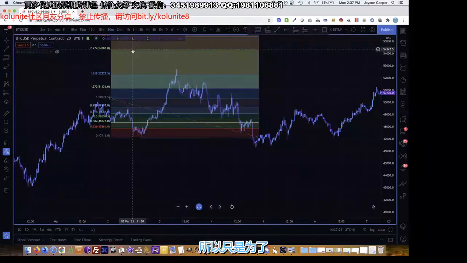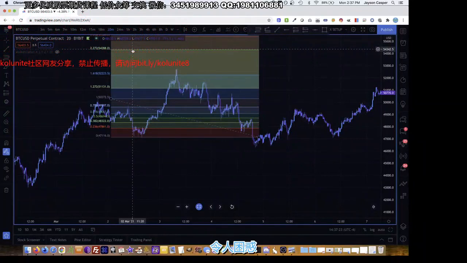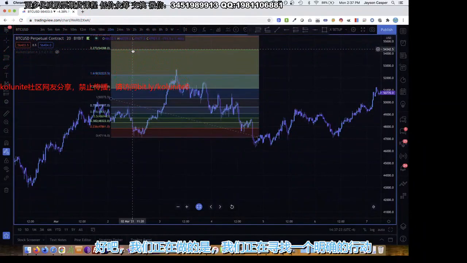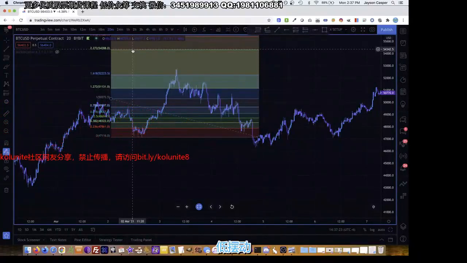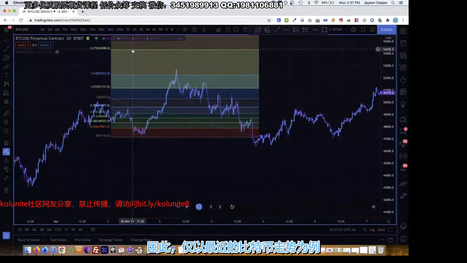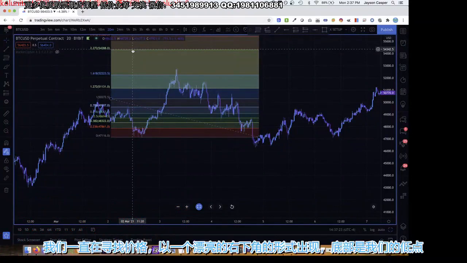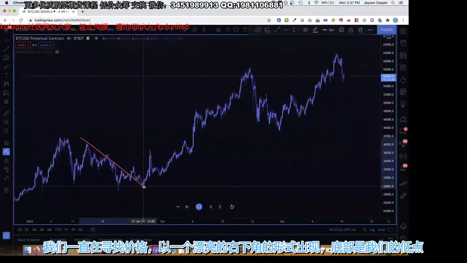So just to reiterate that, because I know it can be a little bit confusing, okay? What we are doing is looking for a move that has a clear swing low and a clear swing high. Just to use the recent Bitcoin move as an example, we have a clear swing low down here, because we're looking for price to come and form a nice bottom, right?